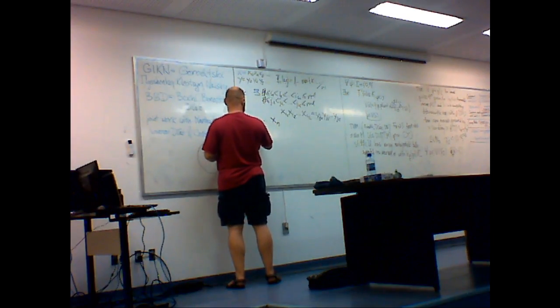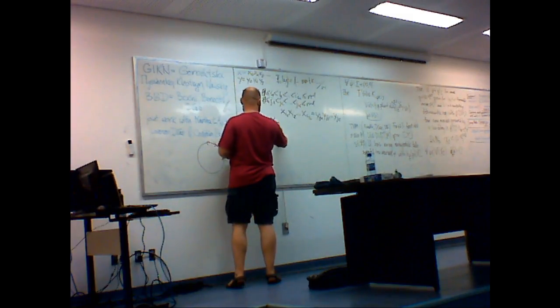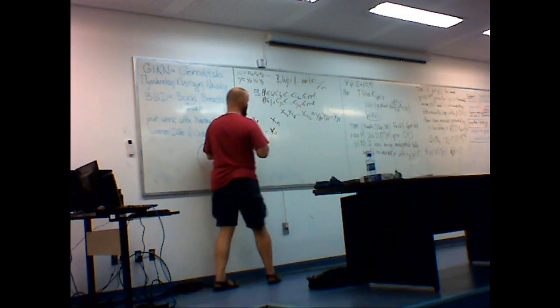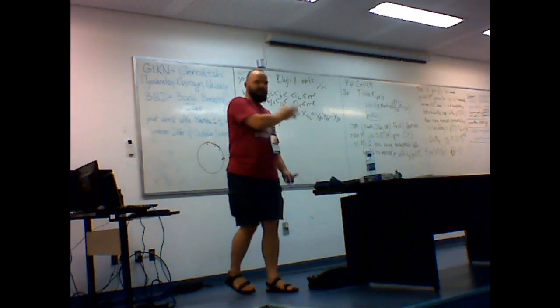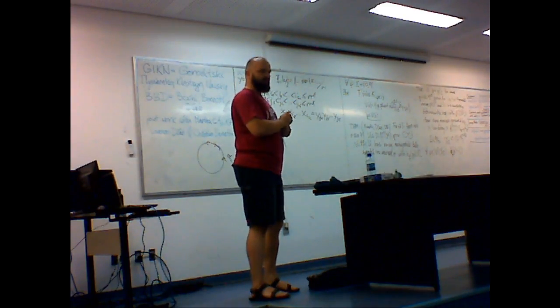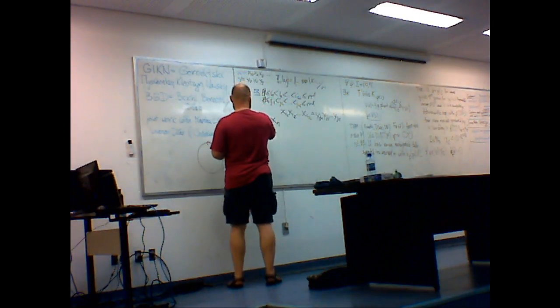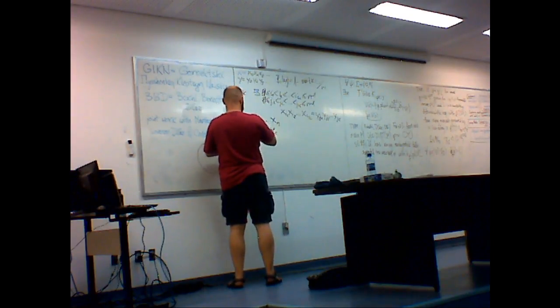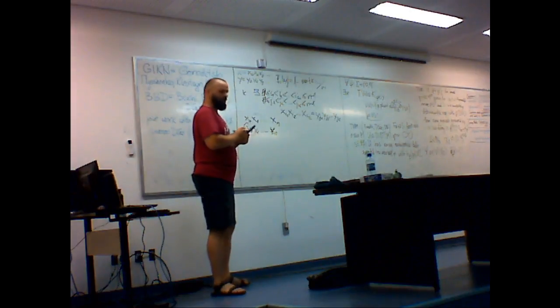And then I'm trying to find a common subword by deleting some entries. Here I can delete this one, and here I can delete this one, and I will be close.